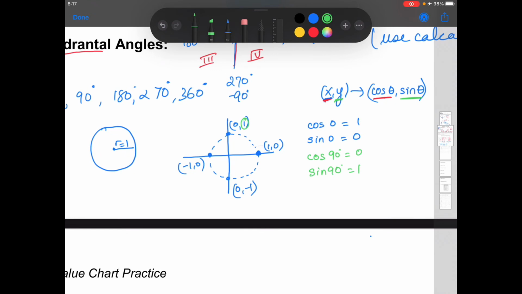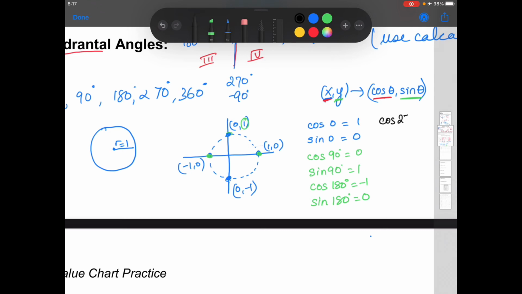So let's finish up the rest of them. Cosine of 180 is -1. Sine of 180 is 0. I don't know if you've noticed, but sine is going to be 0 on here and cosine is 0 at 90 and 270 and so on. It's going to be going like that in circles, and you can keep going on.